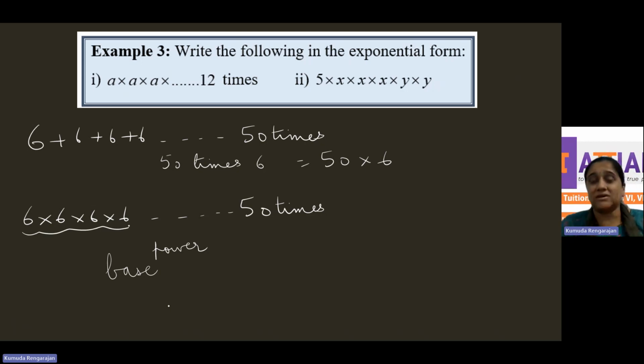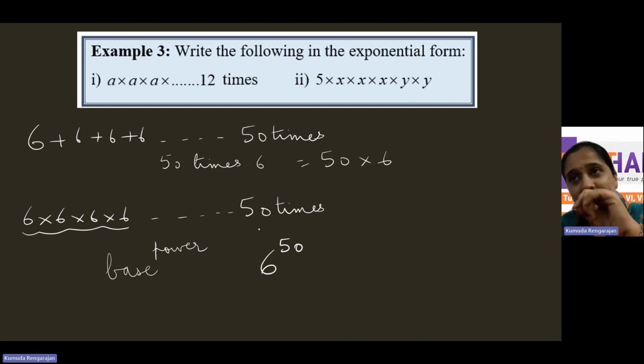Whatever is repeating becomes the base, and the number of times it is repeating becomes the power. 6 raised to the power 50. So 6 into 6 into 6 into 6. Repeated multiplication is written in the exponential form.